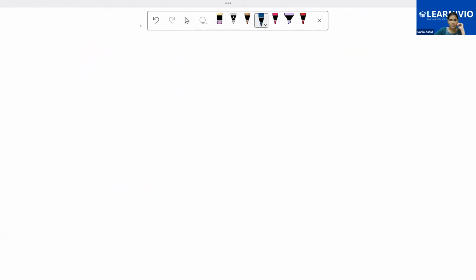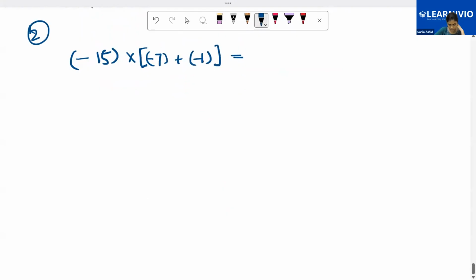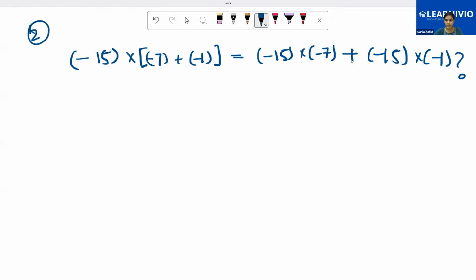The second question is minus 15. Check if this is true or not, the LHS and the RHS.